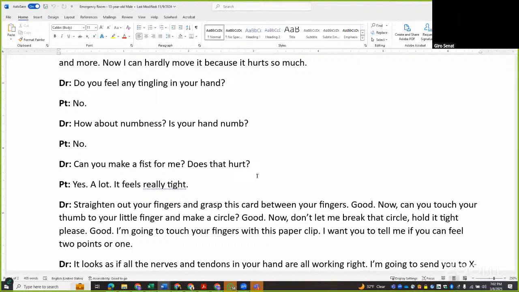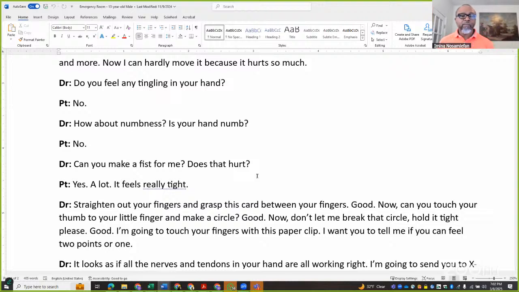Good. I'm going to touch your fingers with this paper clip. Bien. M'pral moyen doit être avec papier ça. Paper clip. Clips.